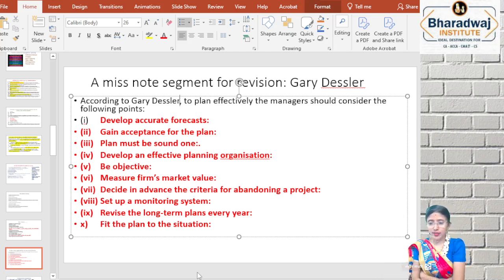Managers should consider the following points: develop accurate forecasts, gain acceptance for the plan, the plan must be a sound one, develop an effective planning organization, be objective, measure firm's market value, decide in advance a criteria for abandoning a project, set up a monitoring system, revise the long-term plans every year, fit the plan to the situation.